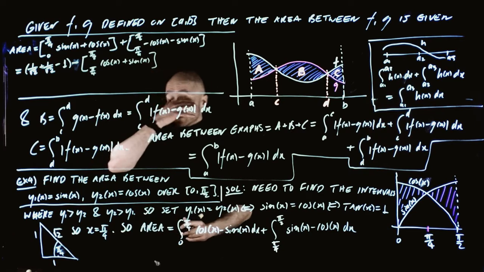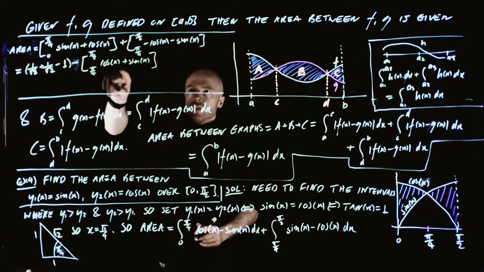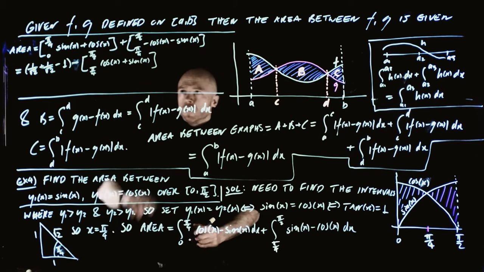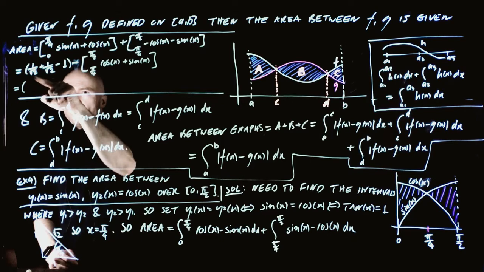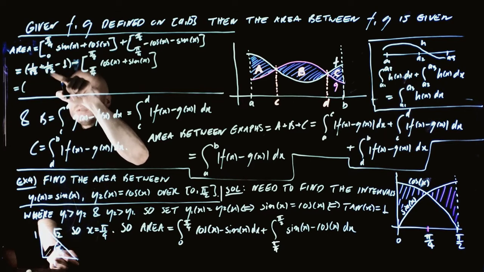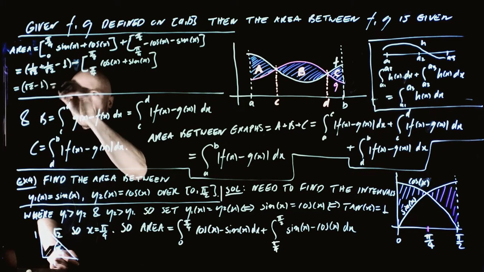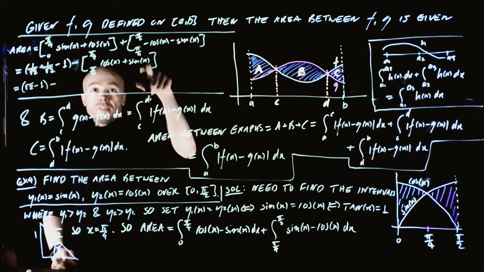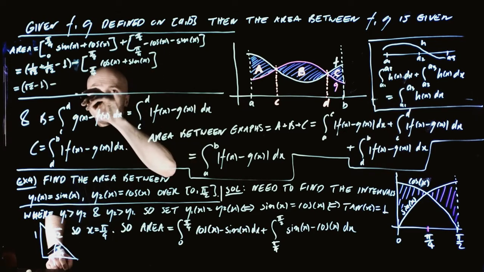Now we put in the numbers. When we put pi over 2 inside cosine, we're going to get 0. Put it inside sine, we're going to get 1. So this thing we can simplify. This will be 2 over root 2, which is just going to be root 2. So this will be root 2 minus 1 minus, and then we put pi over 2 into this. Again, cosine will give us 0. This will give us 1.